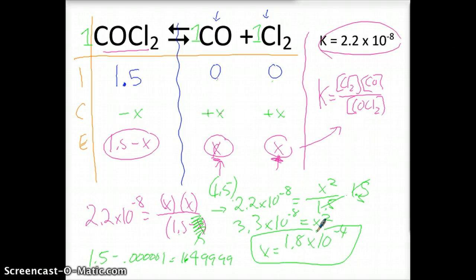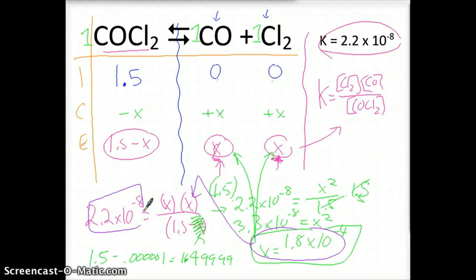Boom. That is the concentration of Cl2 and the concentration of CO at equilibrium, which you would want to state explicitly. How could you check if your answer is right? Simple. Take this value, plug it back in here, and see if you get this answer. That's how you can check.